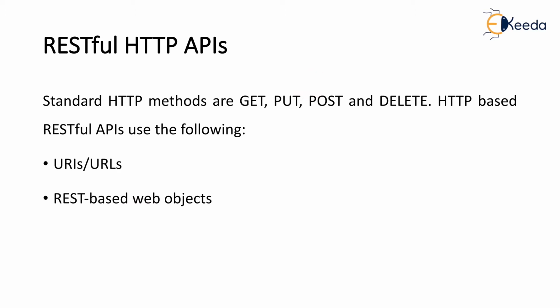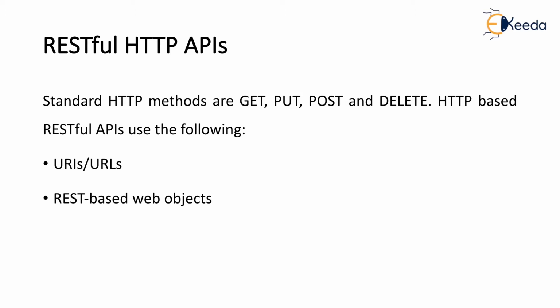HTTP-based RESTful APIs use the following for connections: URIs and URLs, that is, uniform resource identifier and uniform resource locator, such as http weathermessage.com for getting a weather message, hypertext links to reference state and related resources, and also JSON.